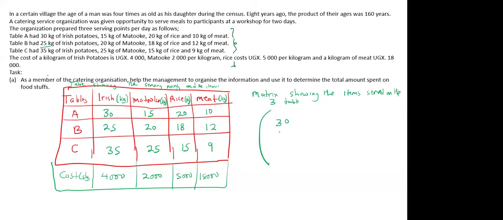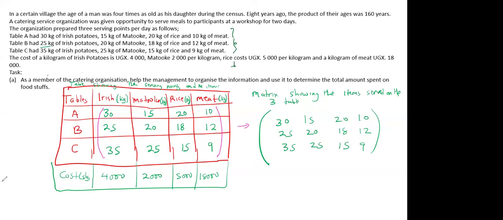I say 30, 25, 35, 15, 20, 25, 20, 18, 15, 10, 12, and 9. So in other words, if you notice very well, you just extract the way the matrix is. In fact, you just remove the columns and then the rows. So you just remove it the way it is, and you place it here.